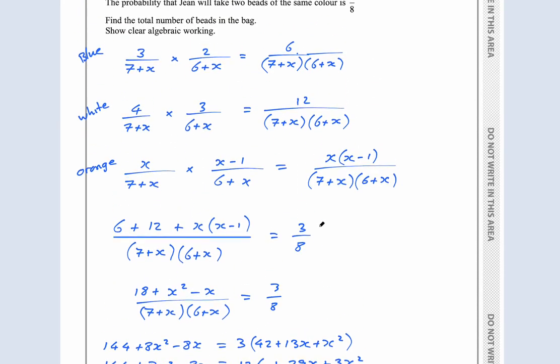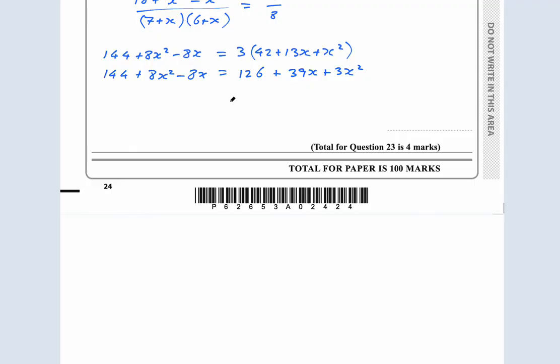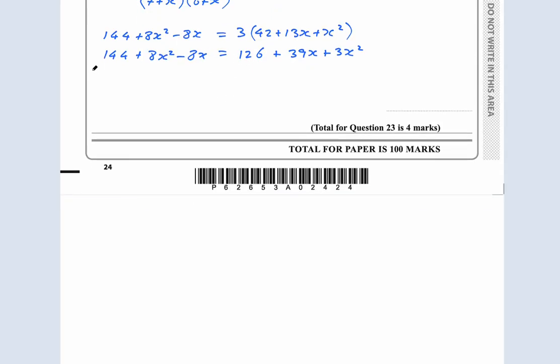I wish he'd give me more space for this question. Okay, bring everything to the left. So 8x squared minus 3x squared is 5x squared. Minus 8x minus 39x is minus 47x. And 144 minus 126 is 18. So that's plus 18 equals 0.